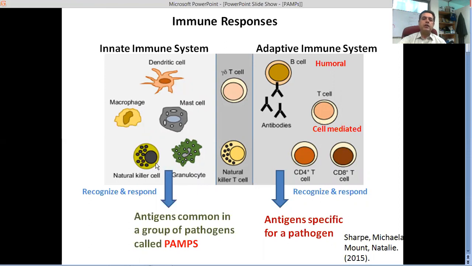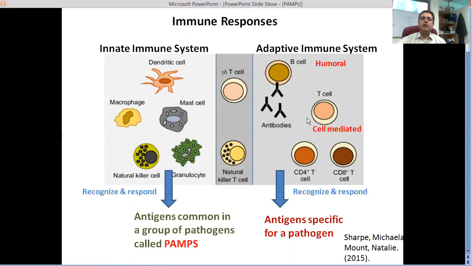For instance, as I told you about Salmonella typhi, if it is Pseudomonas, etc., which are all gram-negative bacteria, this system would respond the same way because it recognizes particular PAMPs, or patterns, on the surfaces of all these gram-negative bacteria.